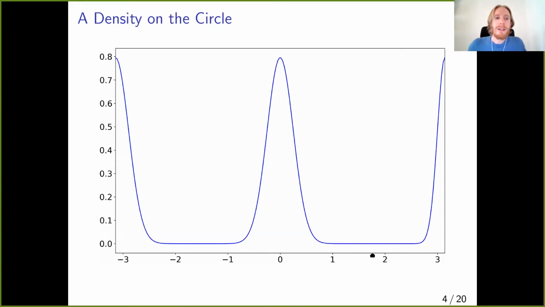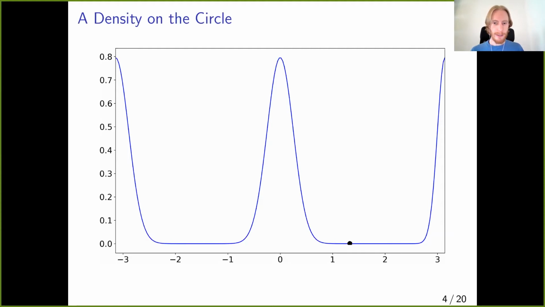All right, and now let's look at an example, namely a probability density on the circle which has two identical modes, which are at antipodal points. So one being 0, the other being pi, okay? And we have a cyclicity here from the right side to the left side. So think of this density on a circle.